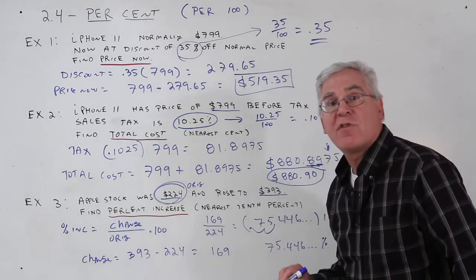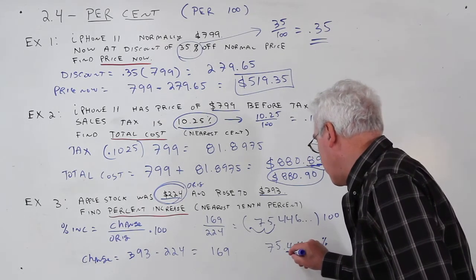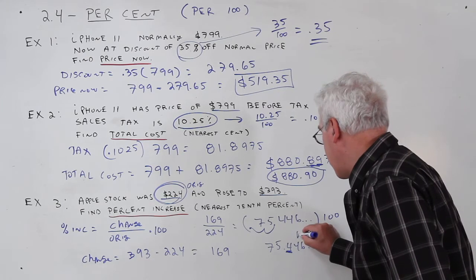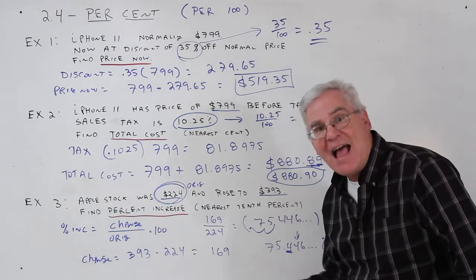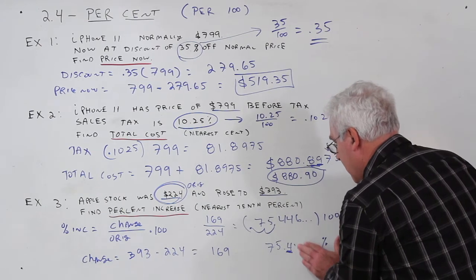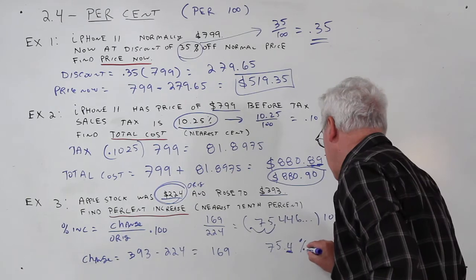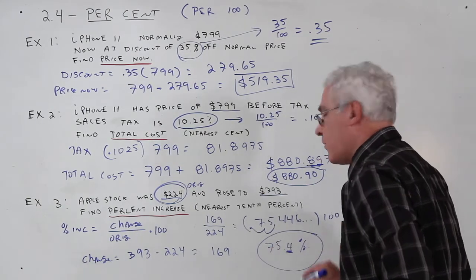And I want to go to the nearest tenth of a percent. So the tenth of a percent is there. I go to the next digit. It's not 5 or above, so I just make that stuff all go away. So my final answer will be 75.4%.